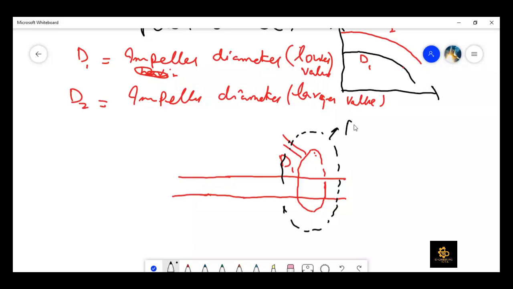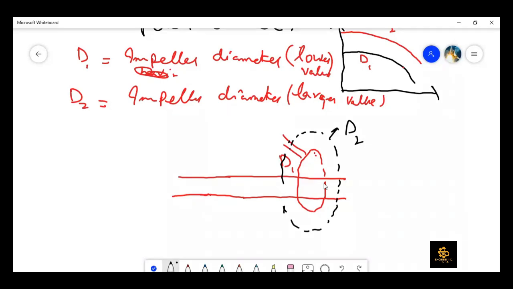So now it means that when we have replaced the smaller impeller diameter with the larger impeller diameter, it can provide us with more head or more volume flow rate. So if the increase in the volume flow rate or the net head is small, then we usually use the same single pump but with a larger impeller diameter.